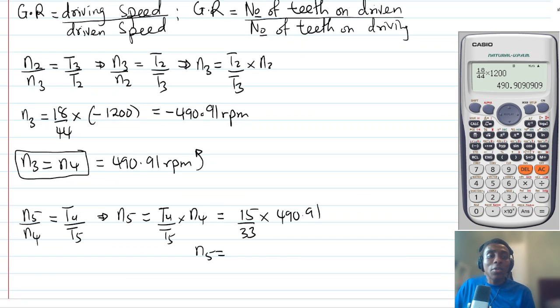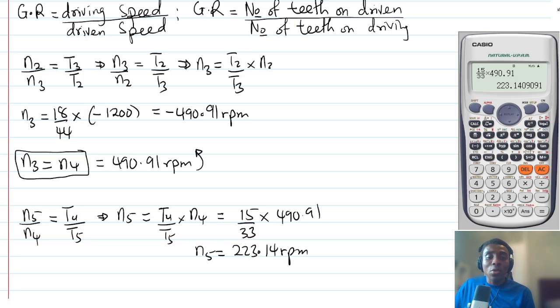If we pick our calculators, we've got 15 divided by 33, multiplied by 490.91. So that is 223.14. 223.14 in terms of RPM. So basically, that's the speed over there for you.